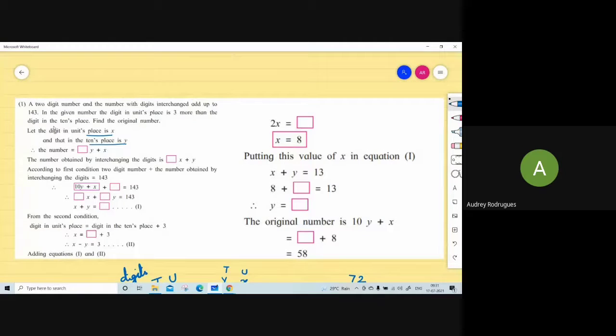The normal number we had considered, 10y plus x, was our original number. When we interchange, it became 10x plus y. Here we have 10y plus x, already written as the first number. Here what will come in this box?